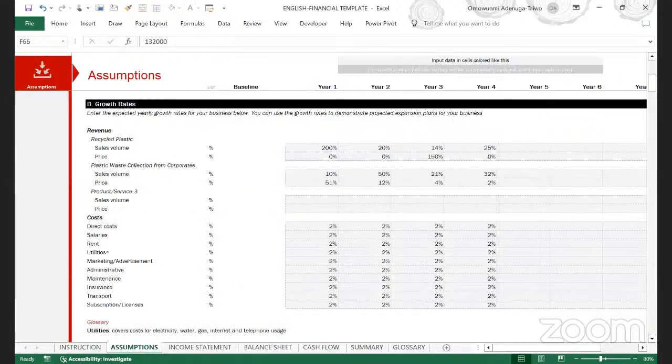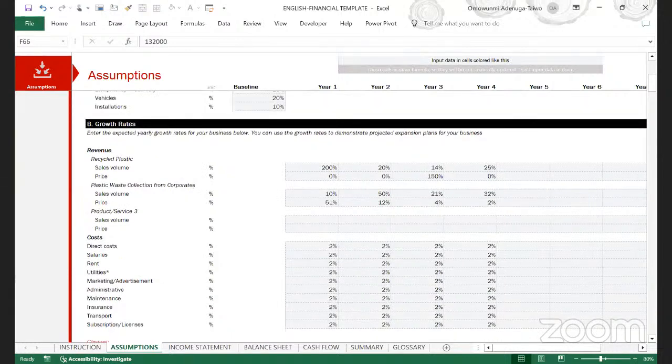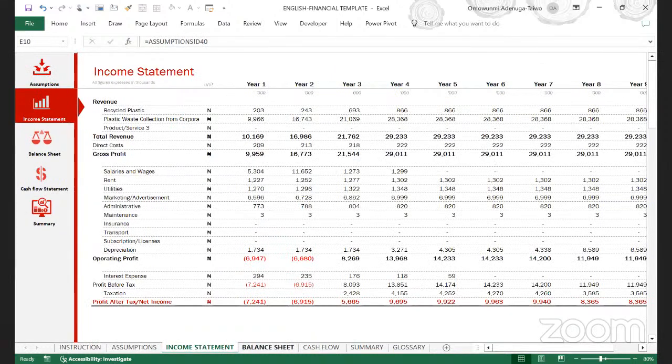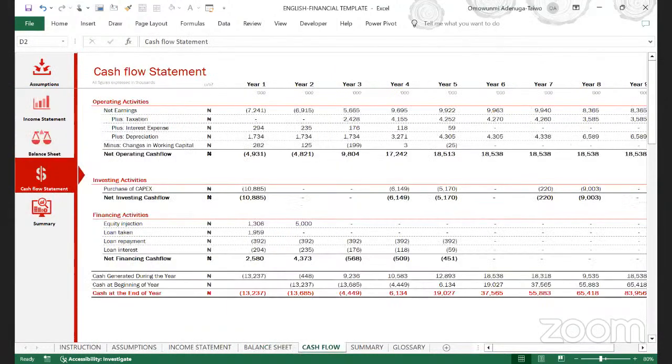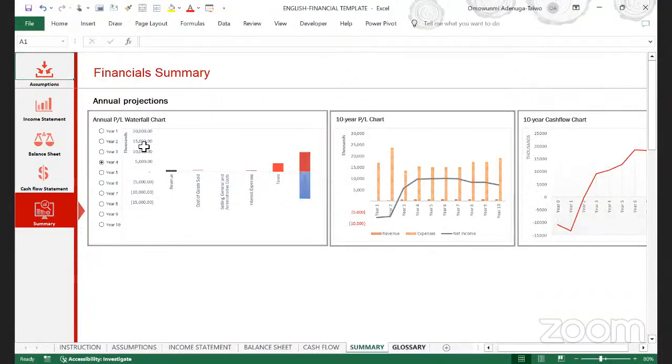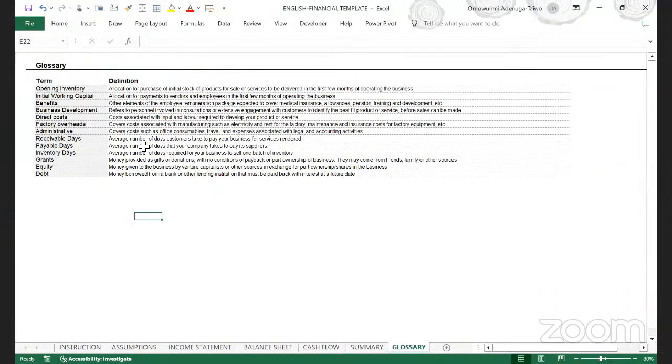The next tab you see is this tab, and this is where you make most of the entries. There is also the income statement tab, the balance sheet tab, the cash flow tab, a summary tab, and then a glossary tab that just shows the definitions of some of the terms that you would see in the course of filling the assumptions tab.